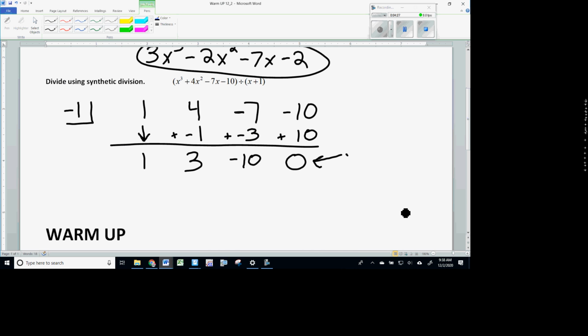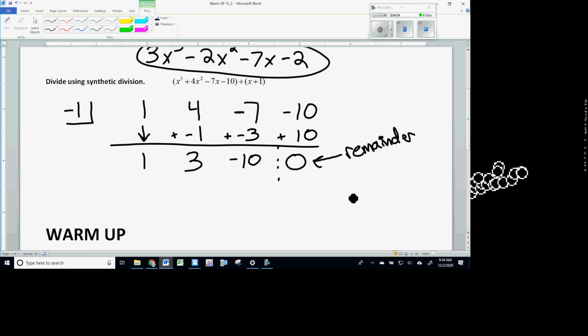This number right here, that last number, I'll even put a line there. That number is always, always, always, that's your remainder. Now, we write down what I call our reduced polynomial, or if you want to get all fancy, your quotient.